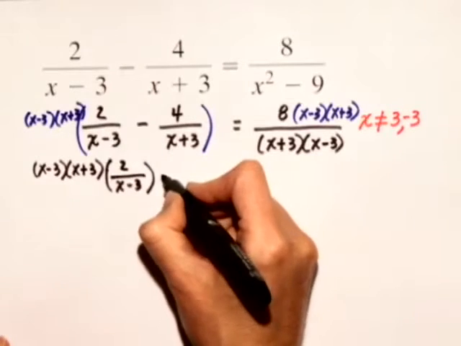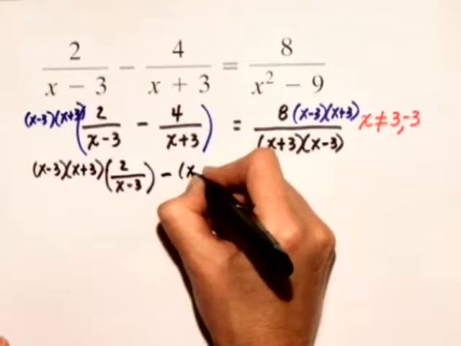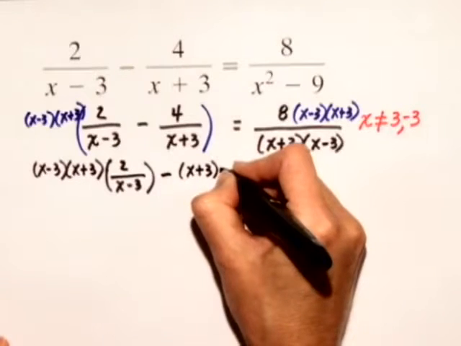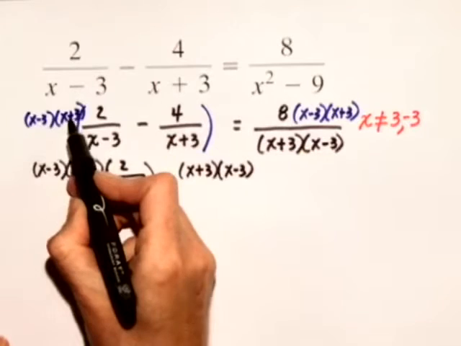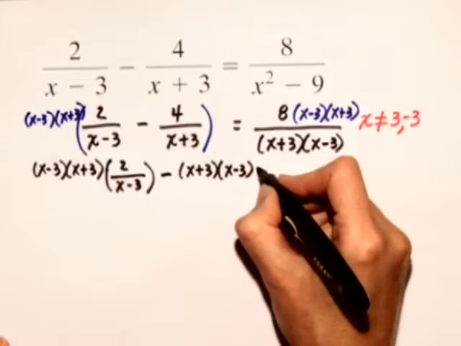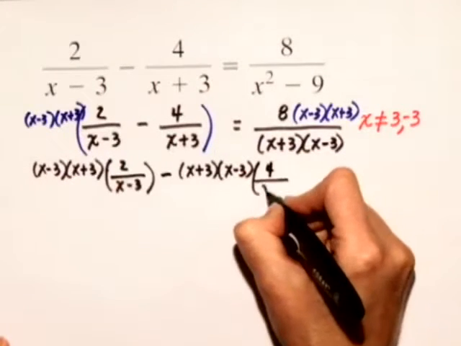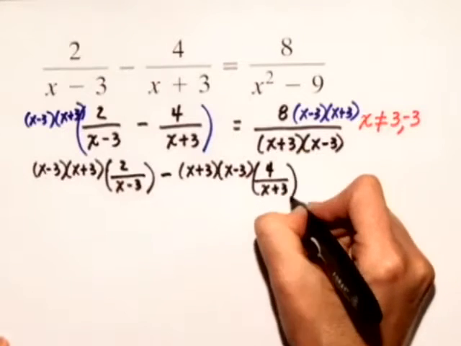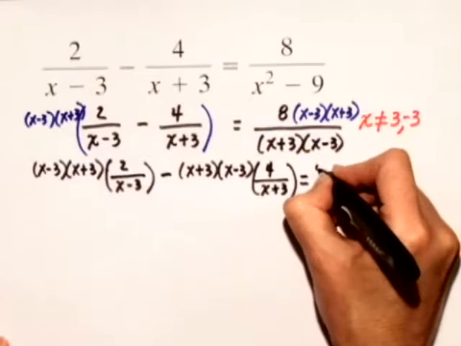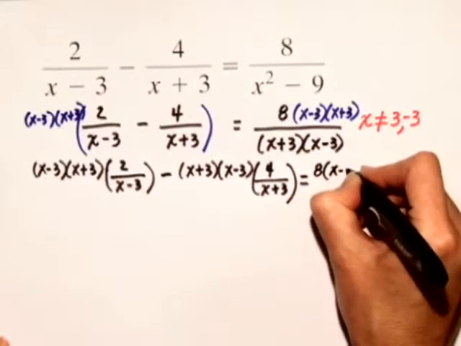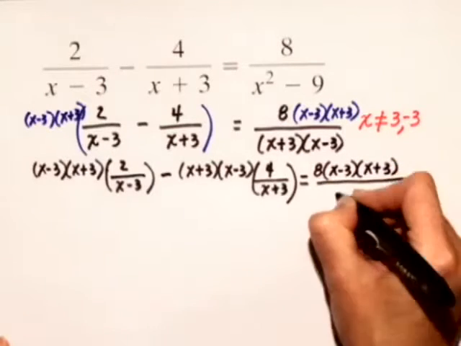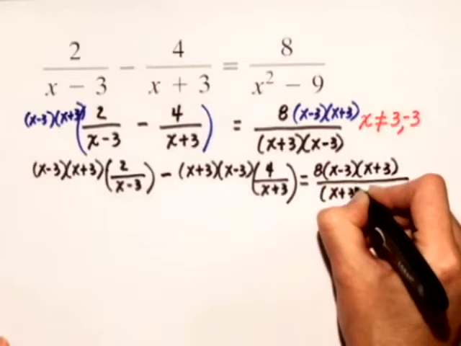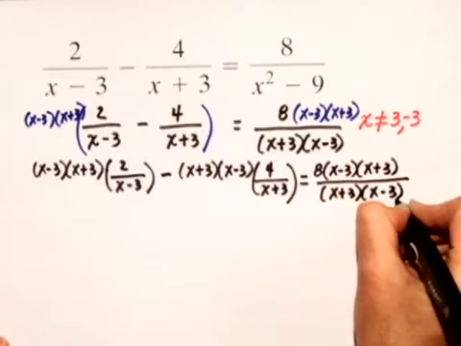When we distribute that through, we have minus x plus 3 times x minus 3. I actually reversed the order right here, but it makes no difference, times 4 over x plus 3 equals, on the right-hand side, 8 times the quantity x minus 3, x plus 3 over x plus 3 times x minus 3.